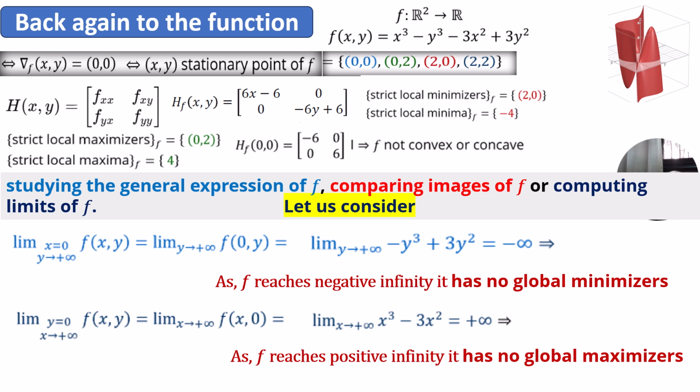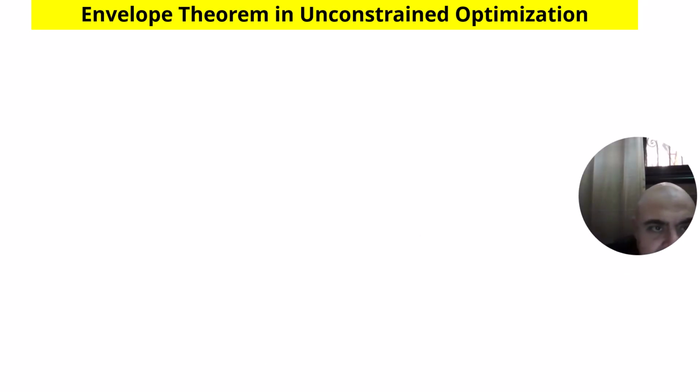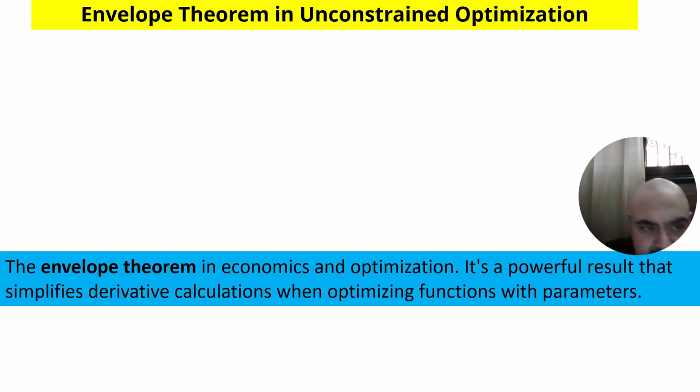Guys, now I will talk about the envelope theorem in unconstrained optimization, one of the best examples ever, and the parts that really exist, and we need to talk about. This is really very interesting.